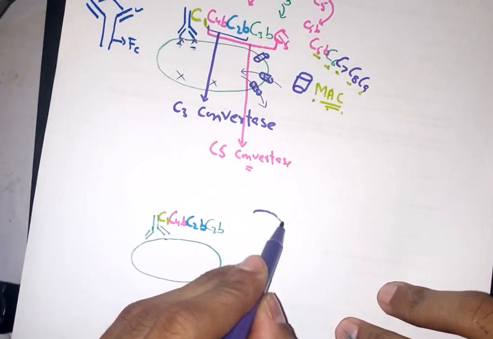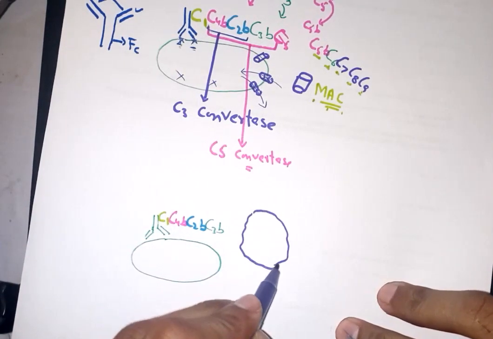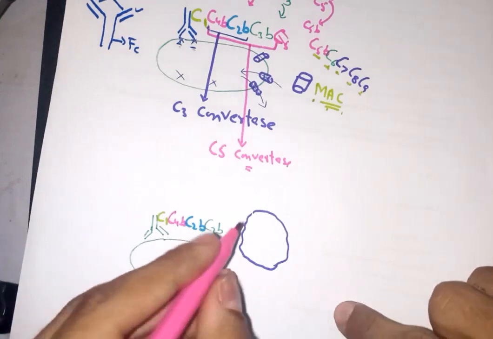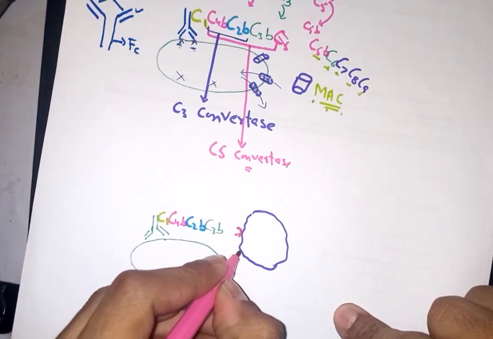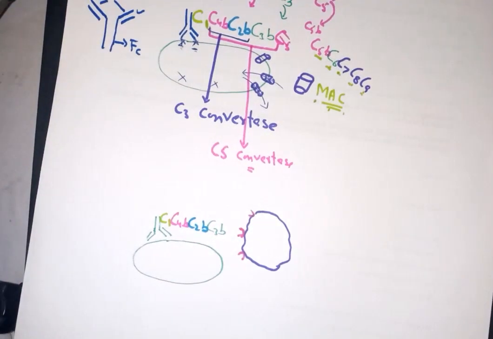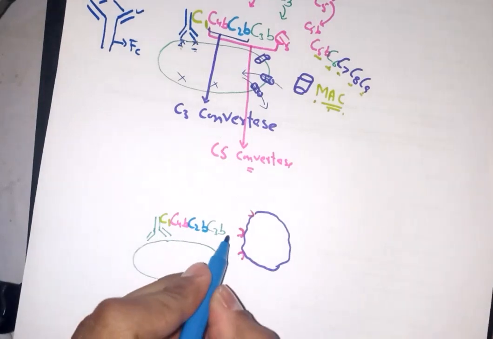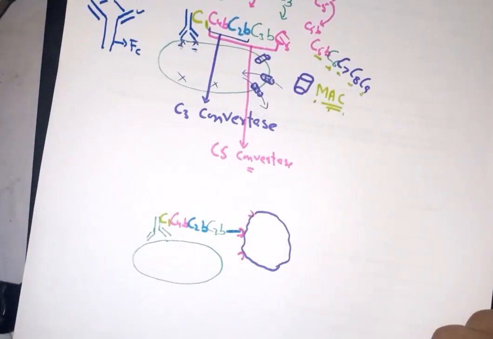For example, this is a macrophage that is going to eat up this bacteria, this foreign particle. It will have a receptor for this C3b on its surface. Now this C3b will attach with these receptors.